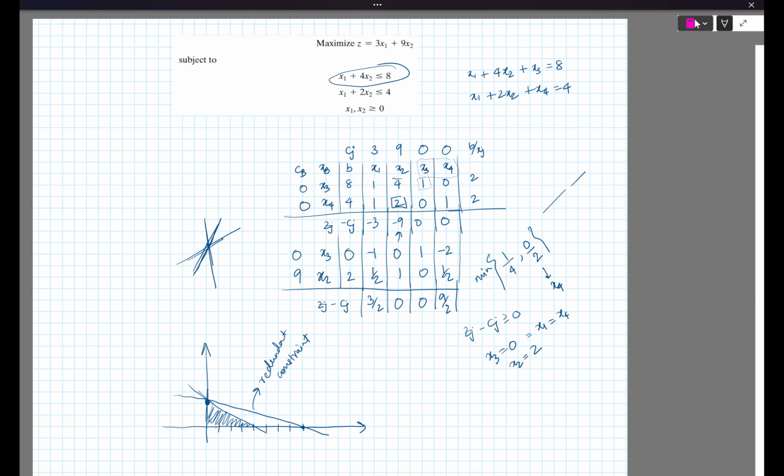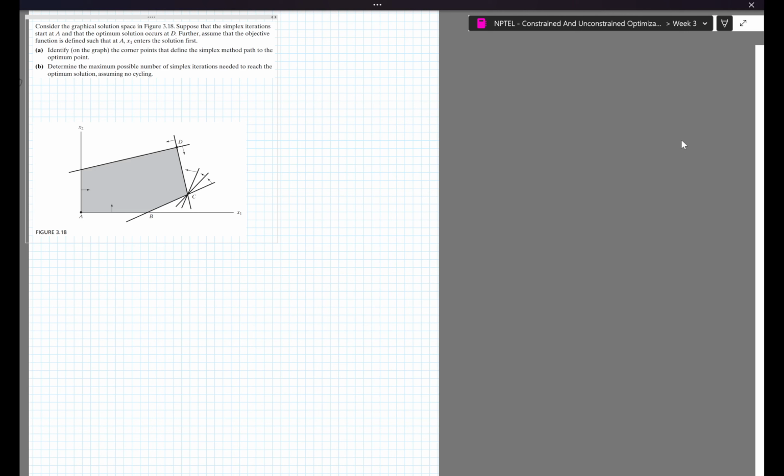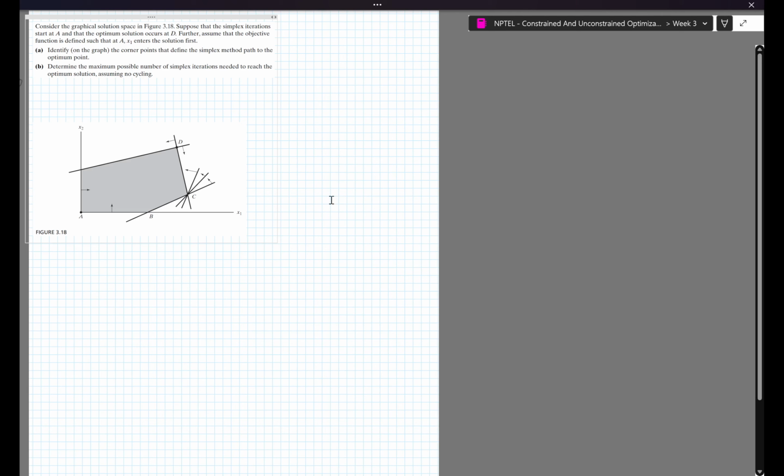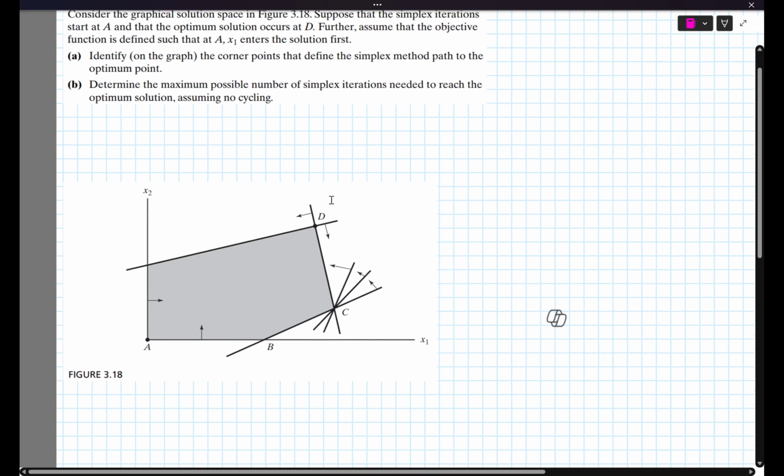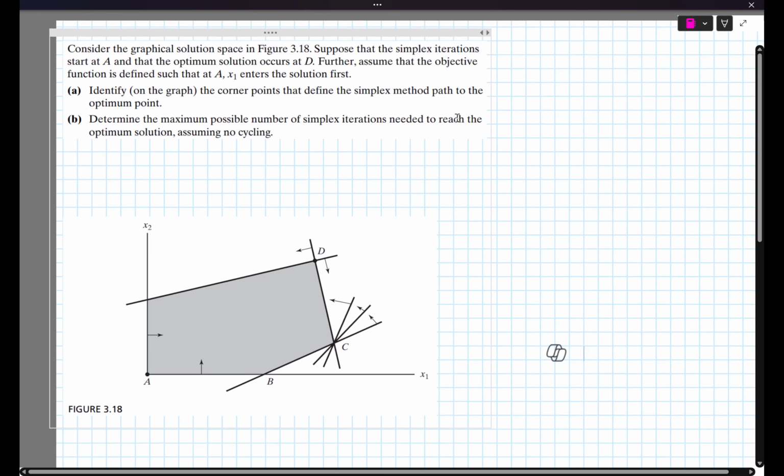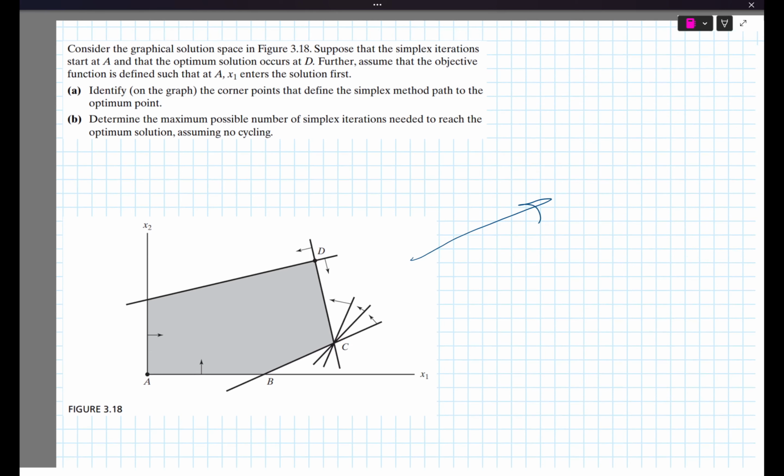So let's look at the next question. Consider the graphical solution space in figure 3.18. So this is that figure I've taken from some book.